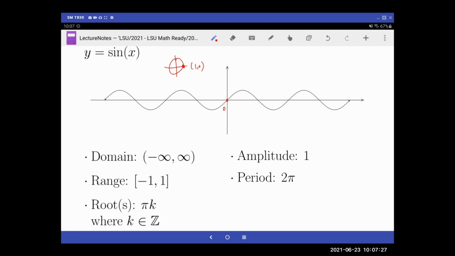When you get to pi over 2 or 90 degrees, you have 0, 1. Well, that's what this point right here is. That's pi over 2. That's reached a height of 1. When you get to pi, your y value is 0. Well, that's what this is. At 3 pi over 2, your y value is -1.